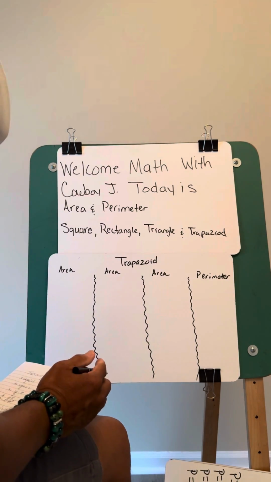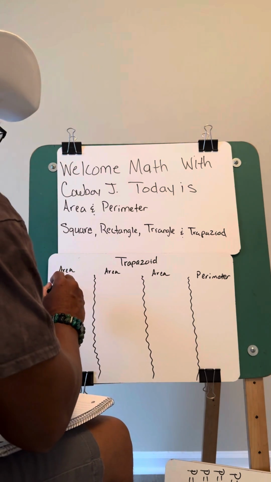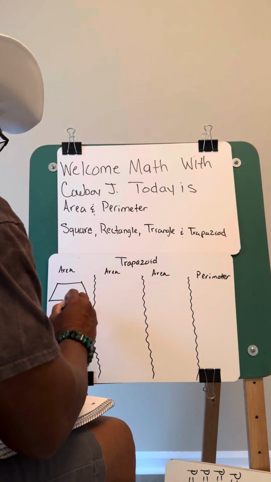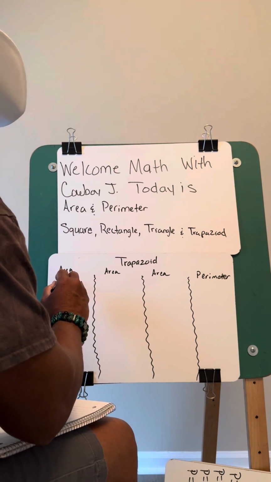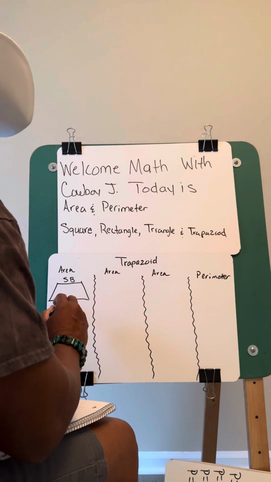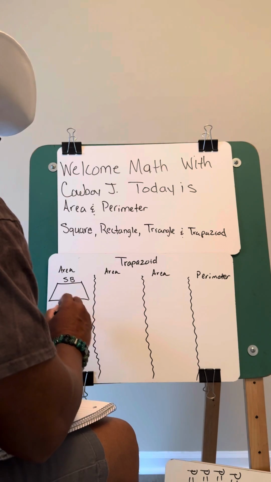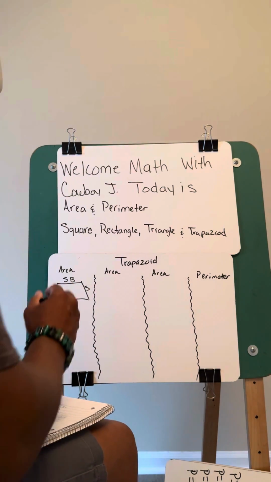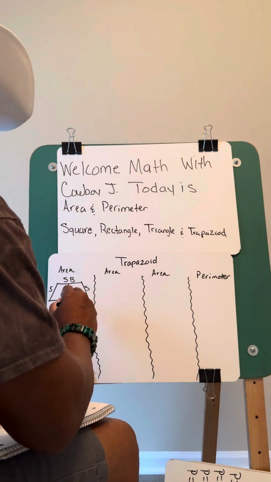Now, the trapezoid looks like this. It has a side and a base, a side and a base, and 4 sides. Okay? So, and it has a height.